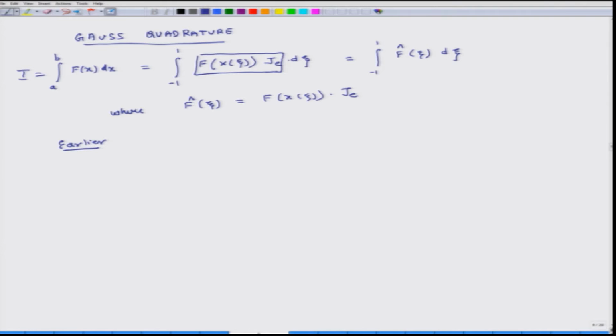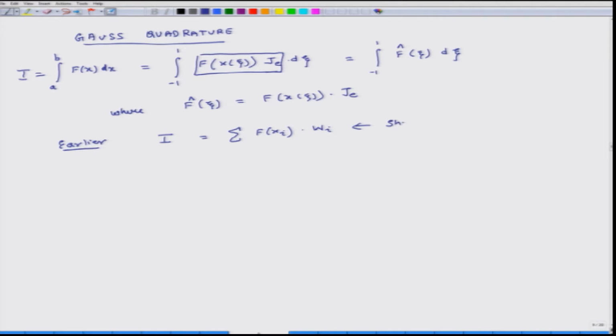that for the trapezoidal way of integrating and Simpson's rule of integrating, I could express I as nothing but a sum of f of xi times wi.